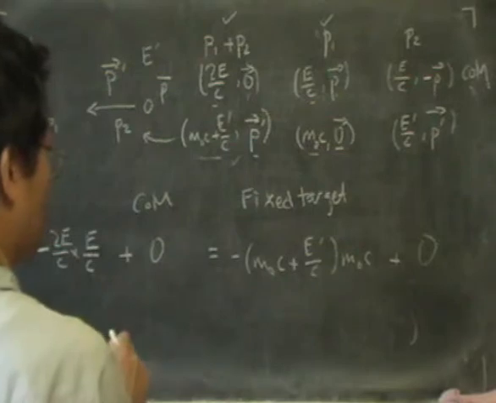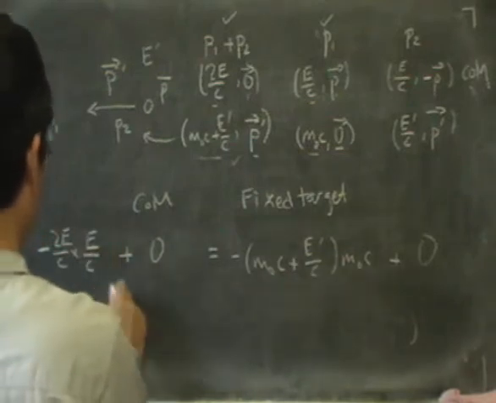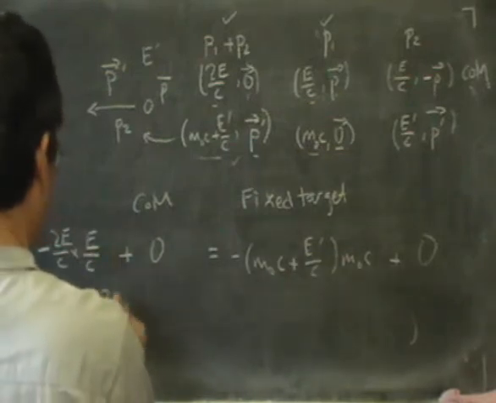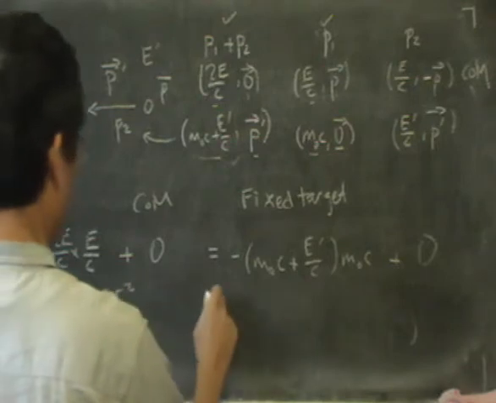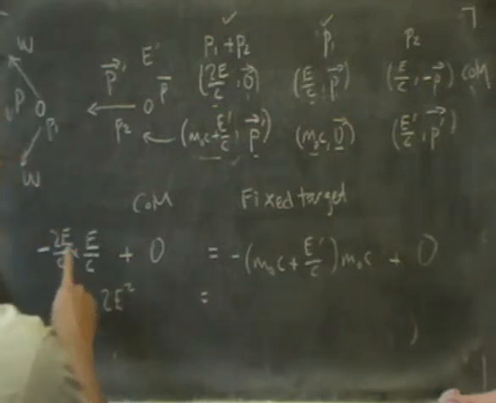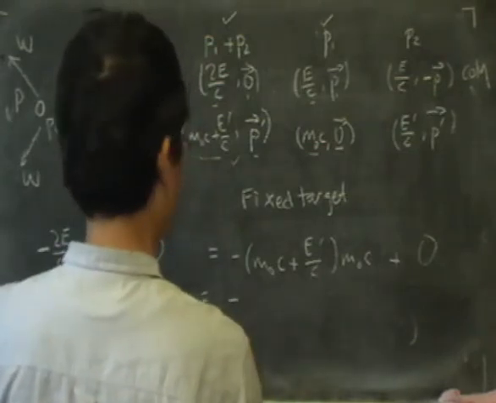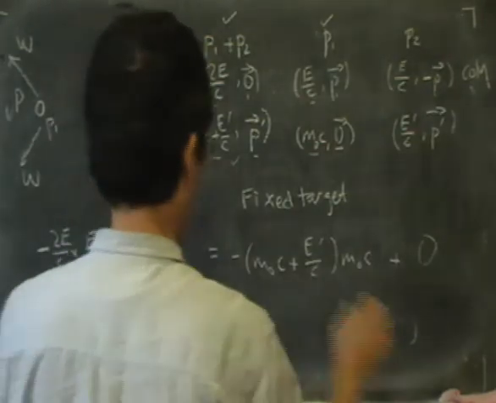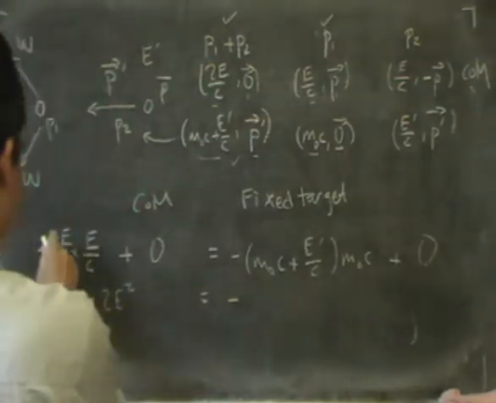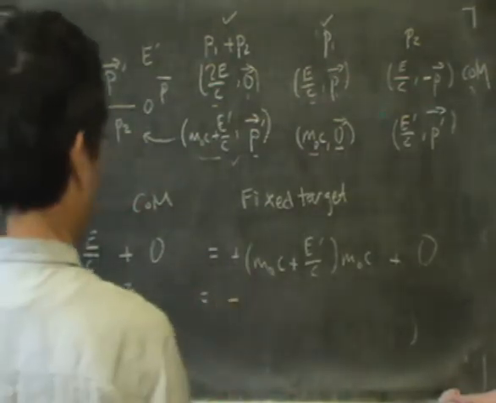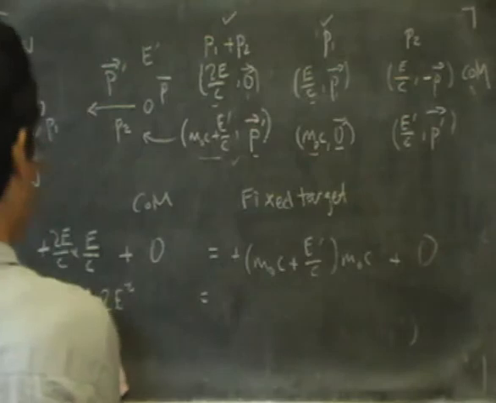Let's start simplifying things. So minus 2e squared. I multiply both sides by c. I can get rid of the minus sign, multiply both sides by minus 1.